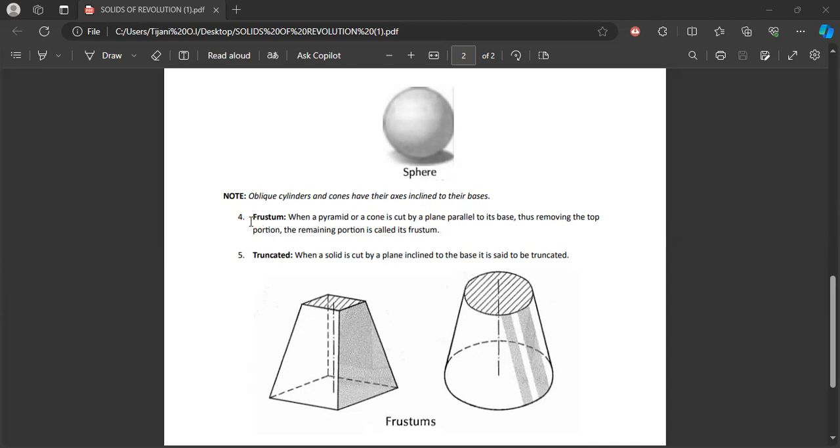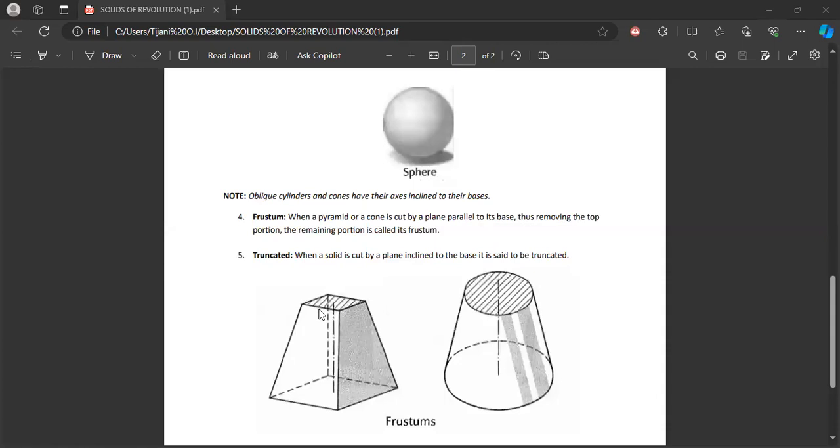Then we also have this information about the frustum and the truncated solid. Let's talk about the difference between them. When a pyramid or a cone is cut by a plane parallel to its base, thus removing the top portion, the remaining portion is called its frustum. As we see here, these two solids are frustums.